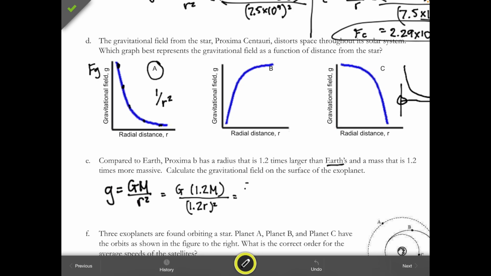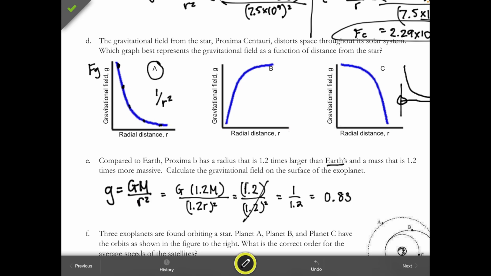Noticing this, when I sort the changes to the left, I have 1.2 squared on the denominator, and one of the 1.2's is going to cancel. 1 divided by a number greater than 1 is going to give a number less than 1. The gravitational field on the surface of the exoplanet is 0.83 times that of Earth's.